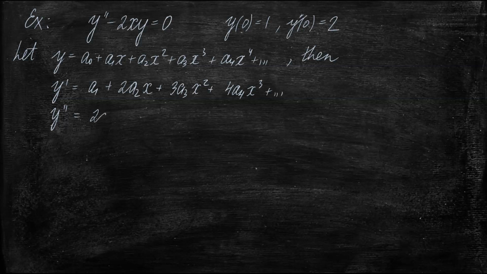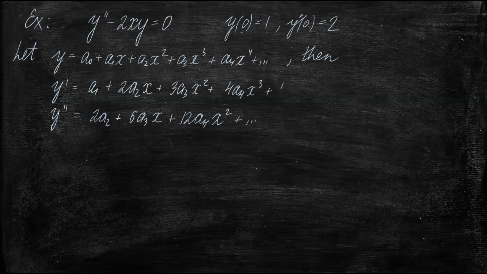So it's going to be 2a2 plus 6a3x plus 12a4x squared, etc. And maybe just to be safe, let's just add a couple more terms here.